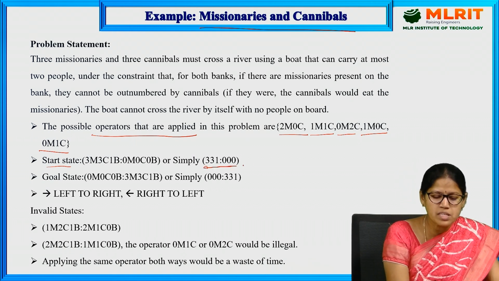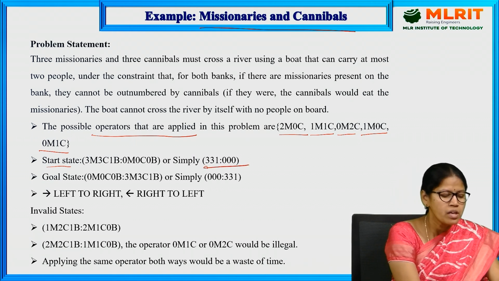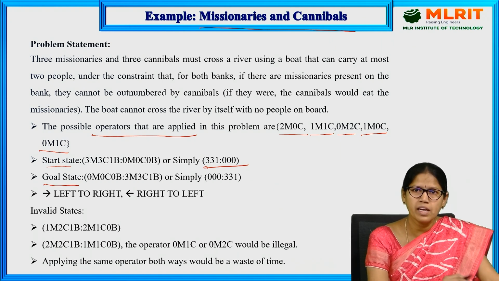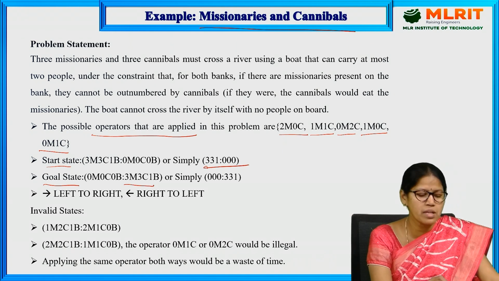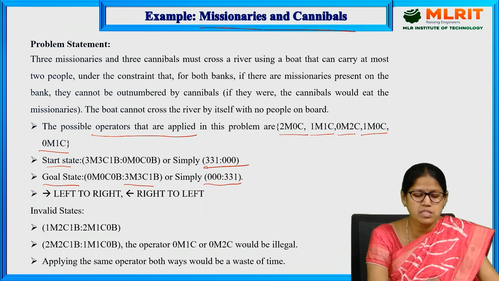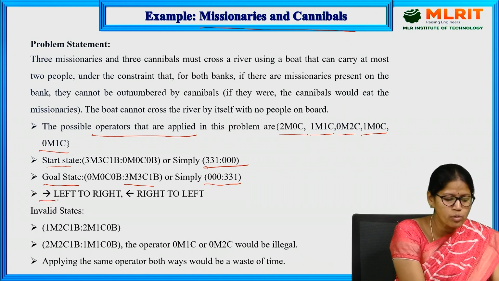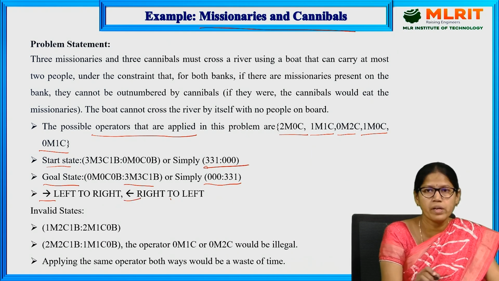Simply we represent it as 331:000. The goal state is 0 missionaries, 0 cannibals, 0 boat at the left side, and at the right side 3 missionaries, 3 cannibals and 1 boat. We represent this as 000:331. We indicate the left-to-right operator with a right arrow, and the right-to-left operator with a left arrow.